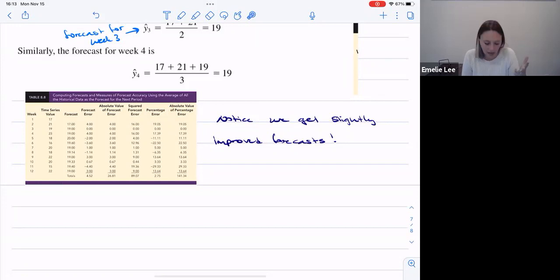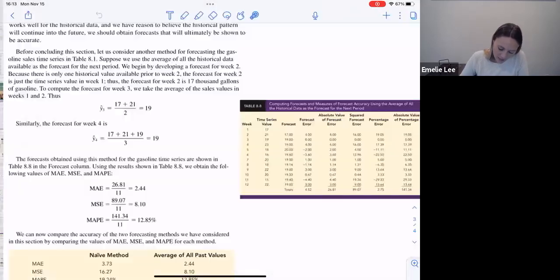As soon as we have a forecast error, everything just falls into place. The forecast error we get the same way: observed minus predicted. It's how we get the forecast that we're trying to figure out, the best forecast method. And so here we have slightly improved forecasts.